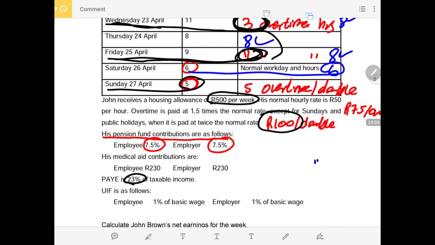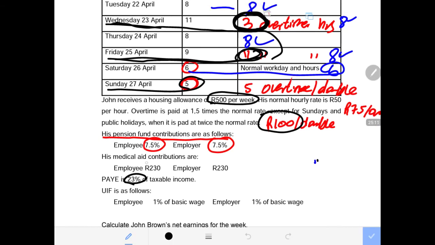Then we have another deduction, which is the medical aid, 230 contributed by the employee. Remember, I'm not focusing on what the employer is contributing now. In the later questions, I'll also take that into account, because this is only taken into account when we want to calculate the cost to the company.